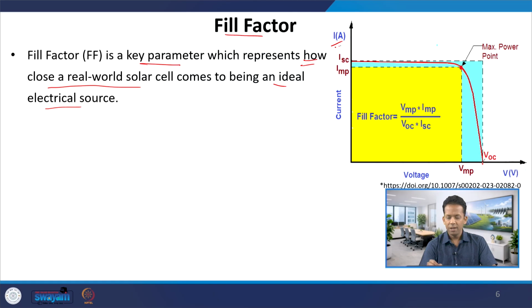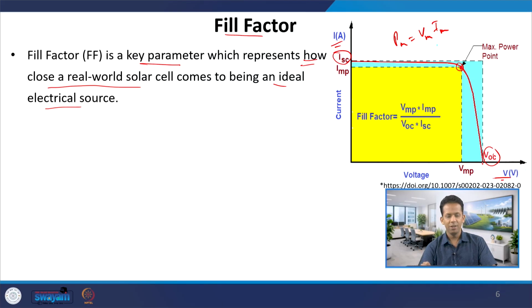So if you look at the IV curve of a typical PV cell, these are the extreme points, short circuit current and open circuit voltage. And this point where the curve changes the slope is the maximum power point. So the maximum power is the product of maximum voltage and maximum current, right, at that maximum power point.